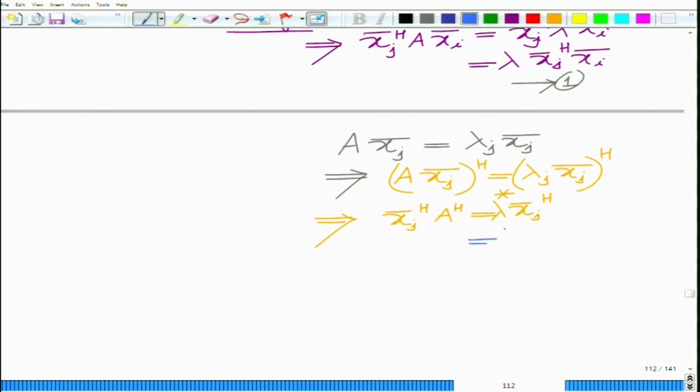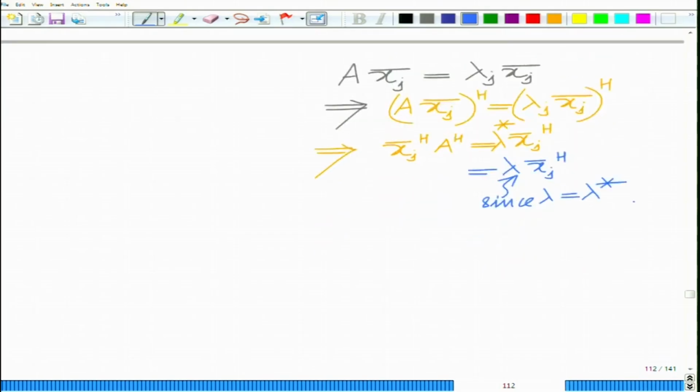This is equal to lambda j times xj bar Hermitian, since lambda equals lambda conjugate. And again realize that this is a Hermitian symmetric matrix, so A Hermitian is simply A. Okay. So, we have xj bar Hermitian A equals lambda j xj bar Hermitian.